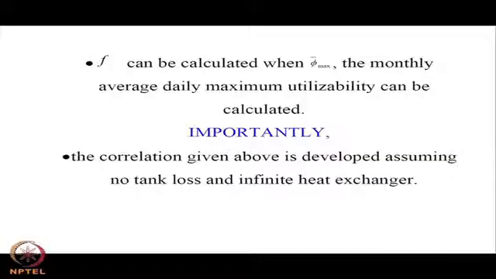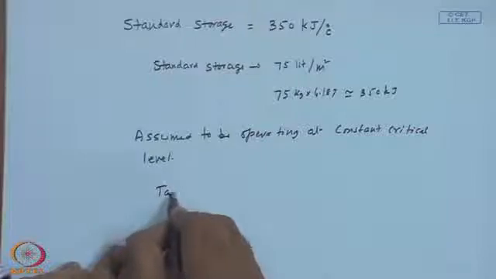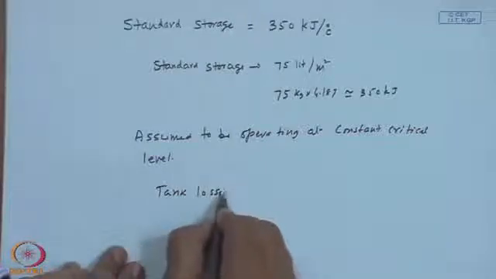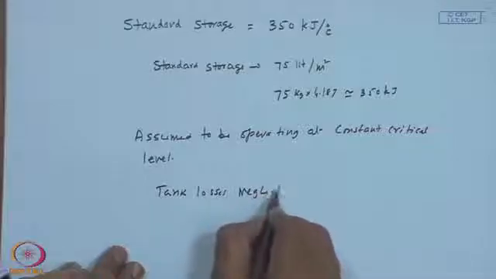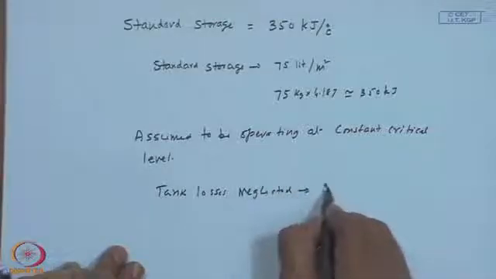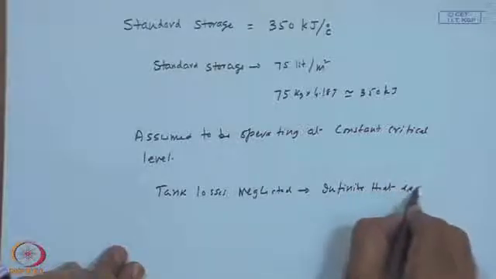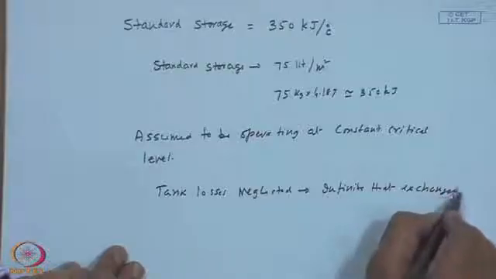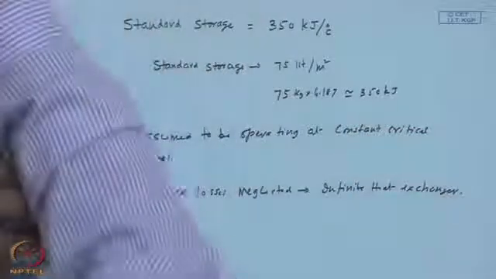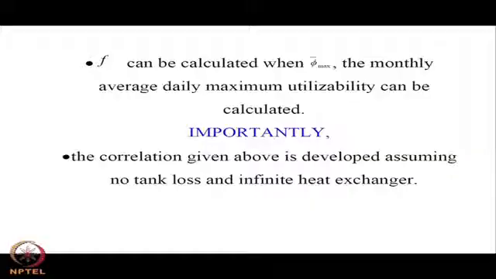Only correction for the size of the heat exchanger was there, because it was explicitly developed for different values of epsilon C minimum by UAH, whereas in this case as such this stands, tank losses neglected, and an infinite heat exchanger. In other words, there is no delta T required in the heat exchanger. So, we shall stop now and continue with it in the next class.